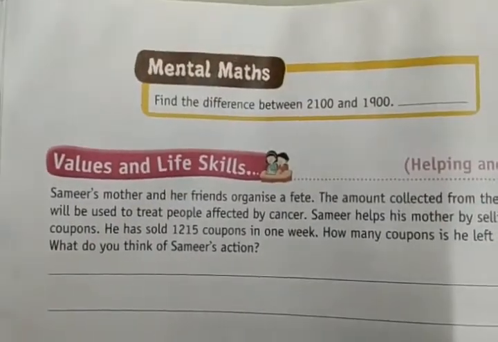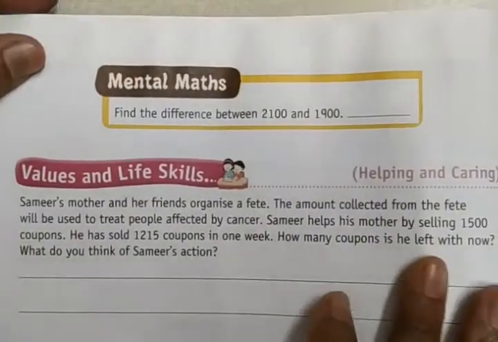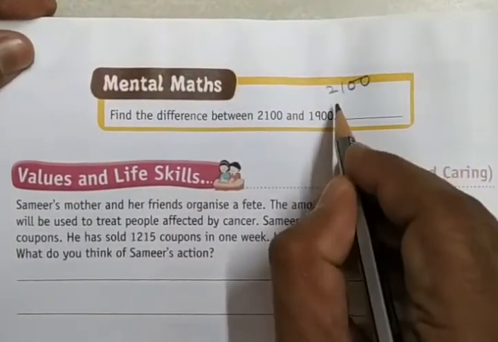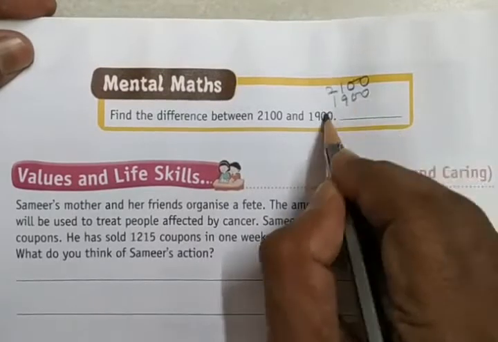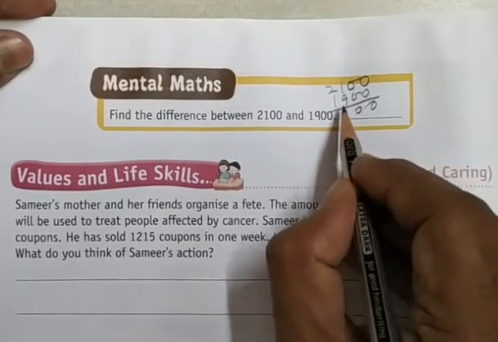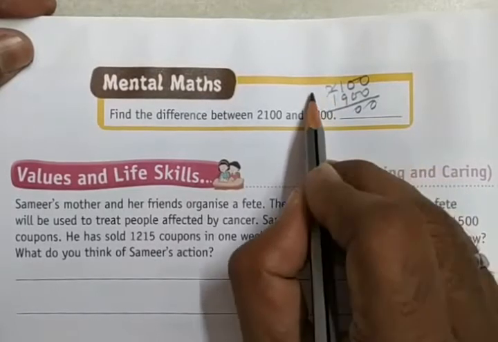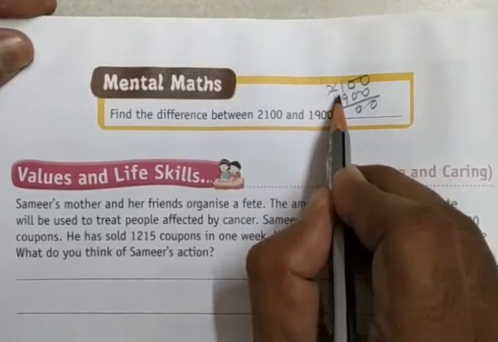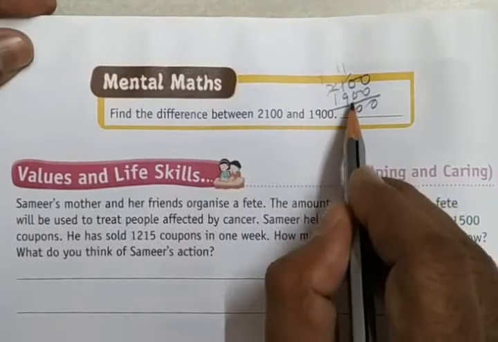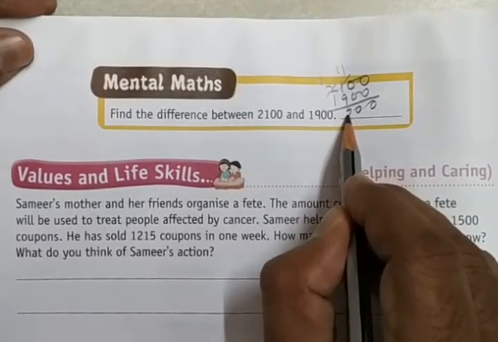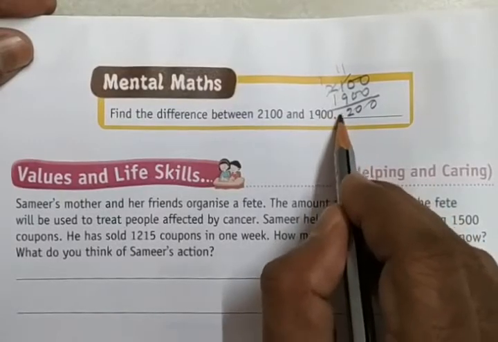So here we have another mental maths. In our mental math, 2100 minus 1900. 9 minus 1 is not possible, you have to borrow. So it will become 1 here. It will become 11. 11 minus 9 is 2, and 1 minus 1 is 0.